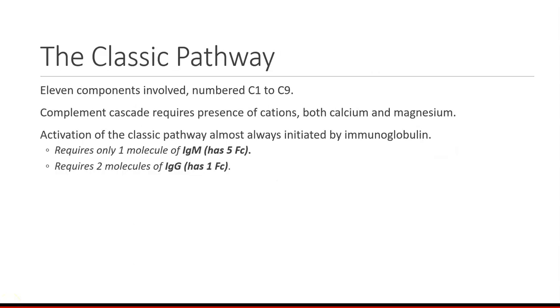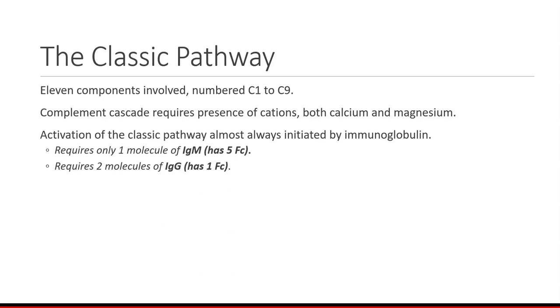The classic complement pathway involves components numbered C1 to C9. The complement cascade requires the presence of cations, both calcium and magnesium, to be activated. Activation of the classic pathway is almost always initiated by immunoglobulin.